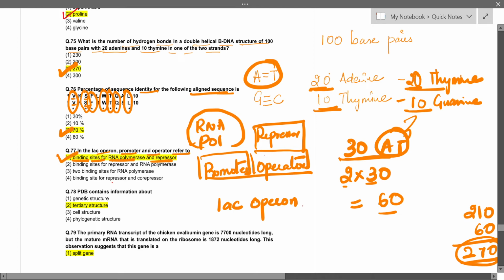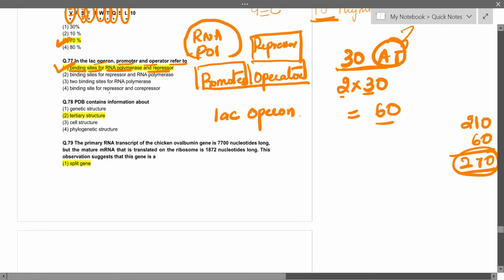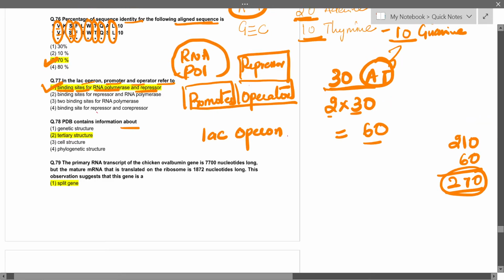Okay. Next question. PDB contains information about. So PDB stands for protein data bank. Okay, so it contains the information about the tertiary structure. Next question.